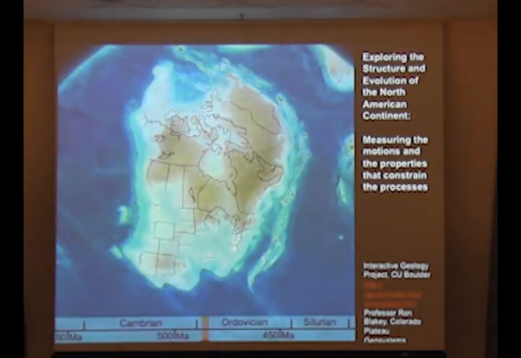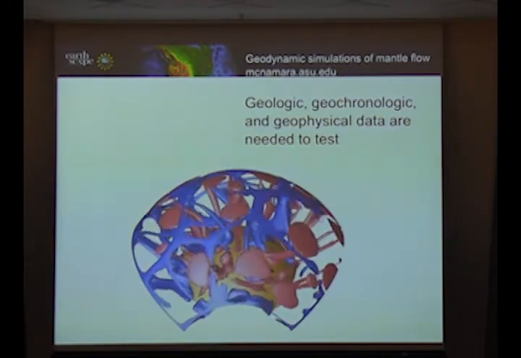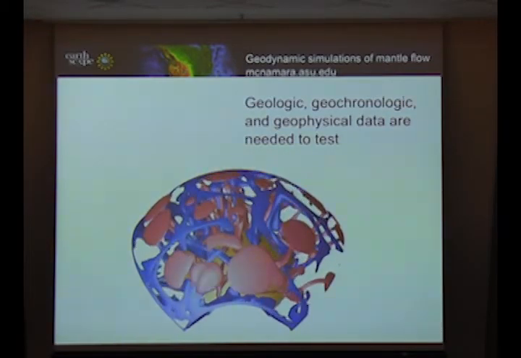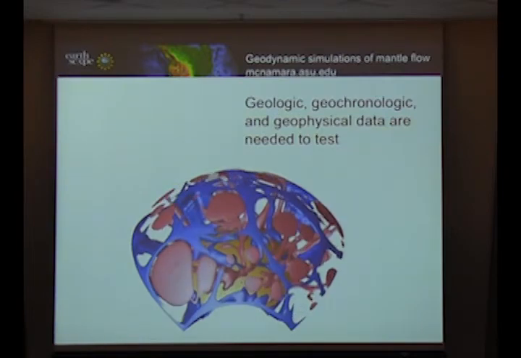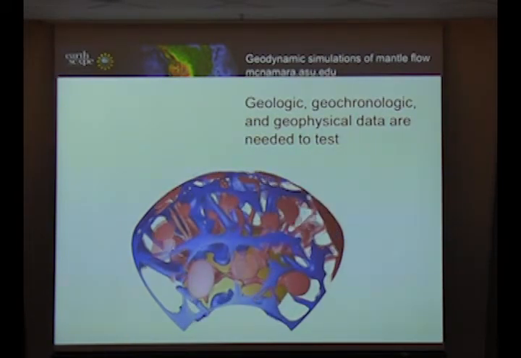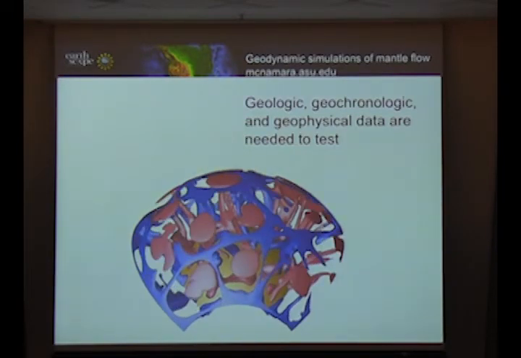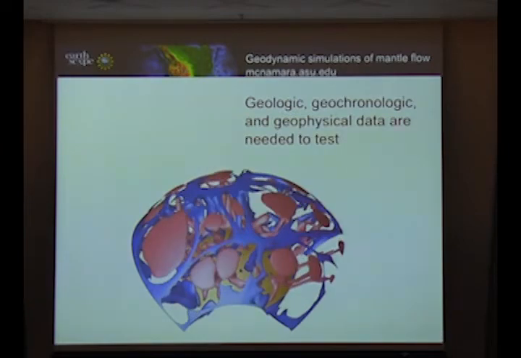Here's another model, more physics-based, but obviously quite idealized. It's full mantle flow. The red is material that's coming up in plumes, and the blue is material that's going down. This has cycles on hundreds of millions of years time scale.